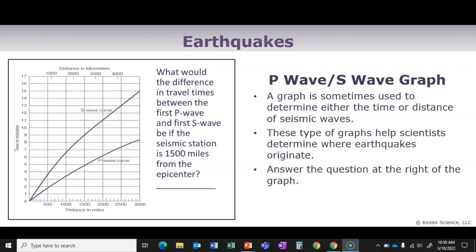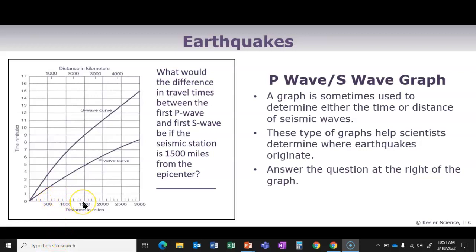And so you'll see here in the graph, it says, what would the difference in travel times between the first P wave and the first S wave be if the seismic station is 1,500 miles from the epicenter? We're really going to learn what that word epicenter is all about in just a few minutes.